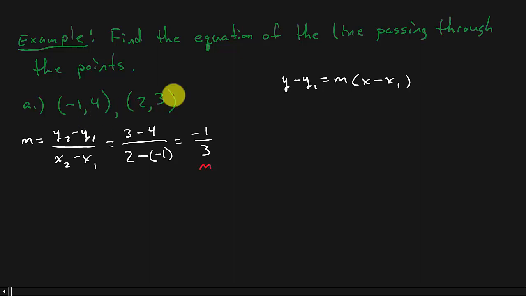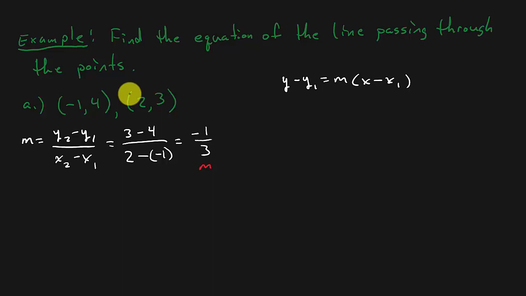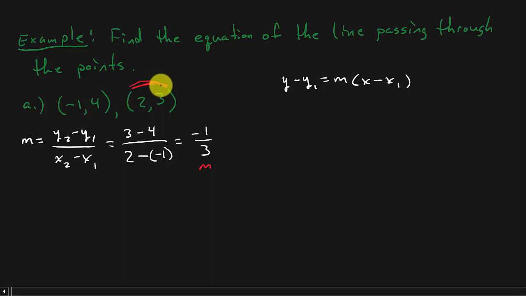The numbers are small. Usually what I tell you, if you've got 2 points, use the one with the smaller numbers. They're both the same. Negative 1, 4, and then 2, 3, not much difference. So the next thing I would do is I would probably just use this one right here because both numbers are positive. Okay, if you'd rather use this point, that's fine.